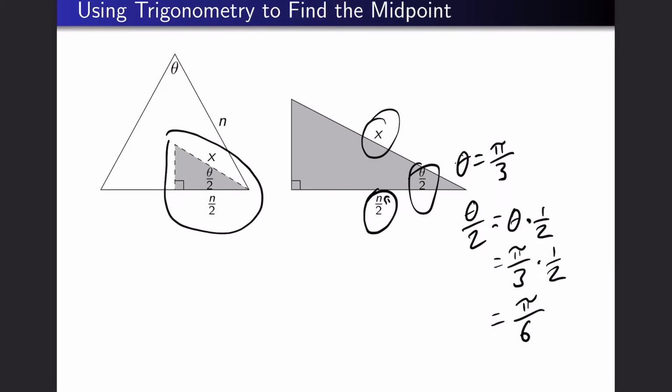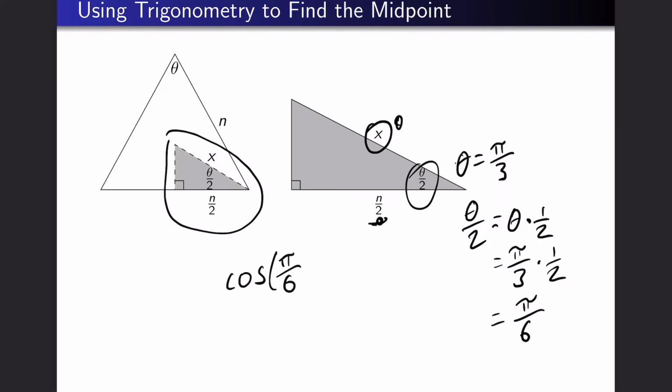Now that we have the measurement of the angle and one side, we can use trig to help us figure this out. What are we solving for? We're solving for x over here, and we have adjacent and hypotenuse, so we're going to use cosine. So the cosine of this angle, theta over 2, or pi over 6, is going to equal adjacent over hypotenuse.